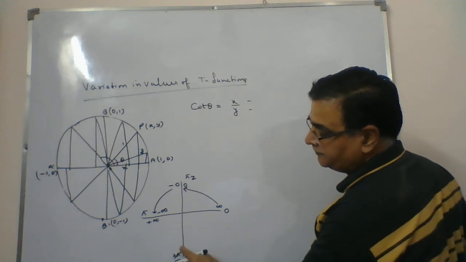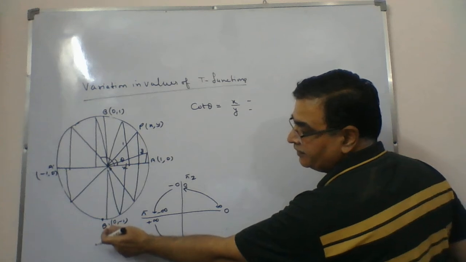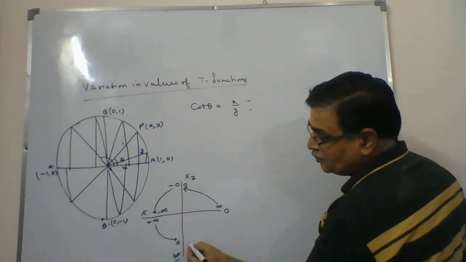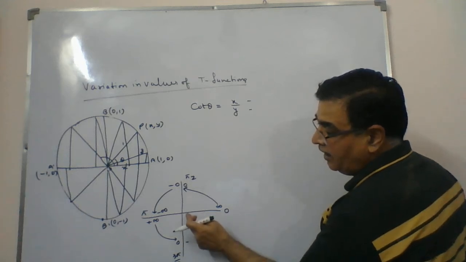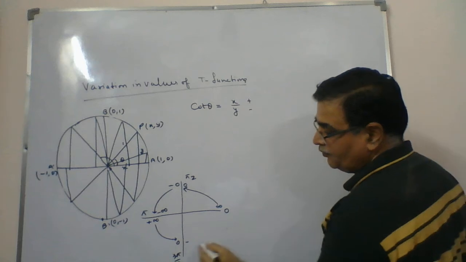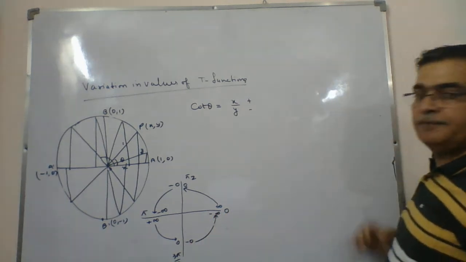When you reach here, this will reach 0. You can take it as 0 by some positive number that side, so it will be 0. But as you shift this side, x will be plus, but y is negative. So x is plus, y is negative. So we will say it will be minus 0 and it will reach minus.